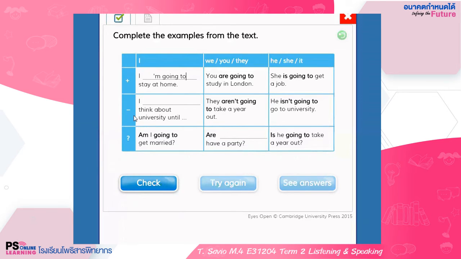And the negative form, I'm not going to think about university until. They aren't going to take a year out. He isn't going to go to university.